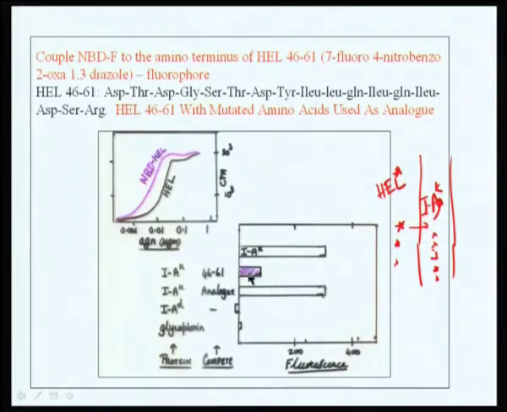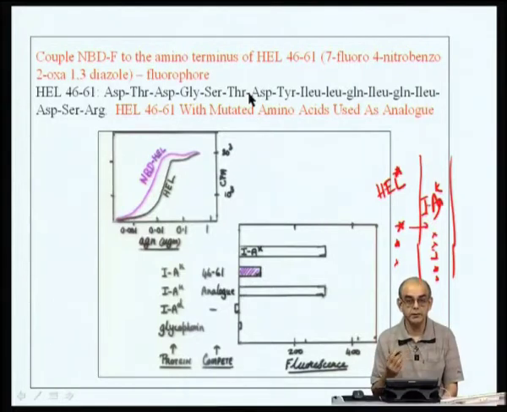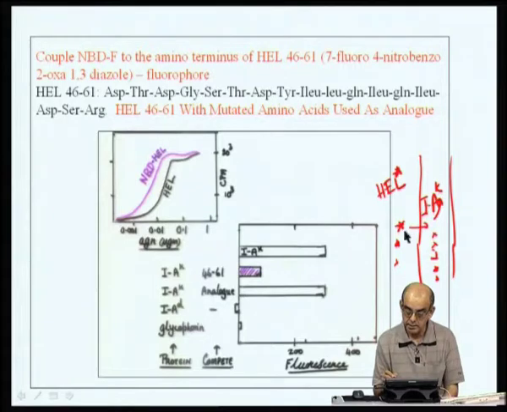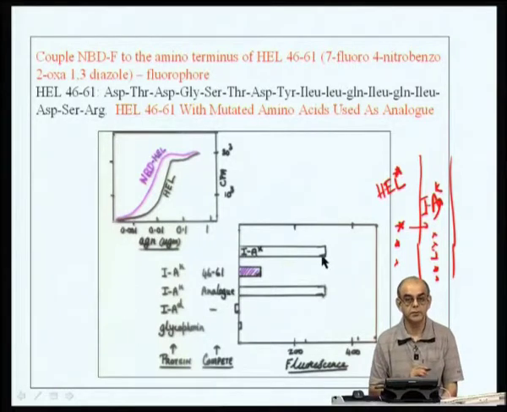On the other hand, if they used an analog which had been mutated at the residues which would not allow it to bind to the class 2 molecule, then also you had the fluorescent HEL 46 to 61 going inside and binding to the IA-k molecule.